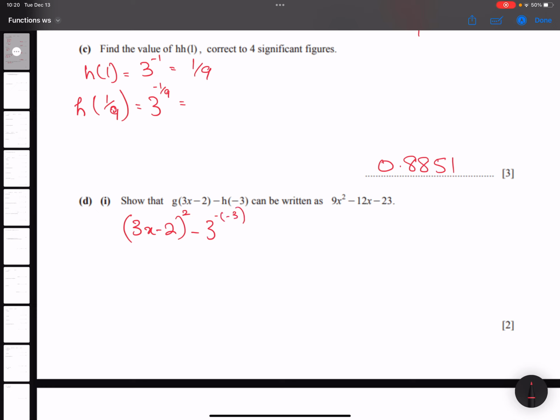So let me just expand this bracket, and I'm going to use the quick method. So 9x squared, and 3 times 2 times 2 is 12x, plus 4, minus 3 to the power of 3, because the minus is cancelled, which is 27. And this is 9x squared minus 12x minus 23. And yes, I've shown that answer.